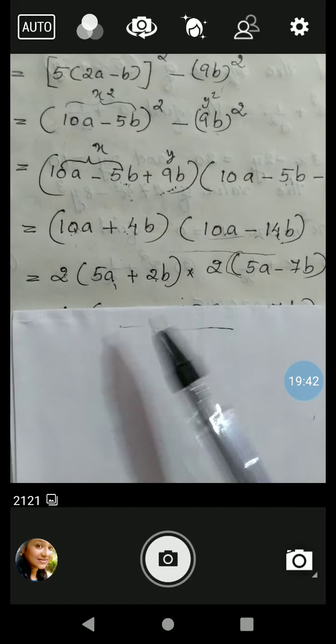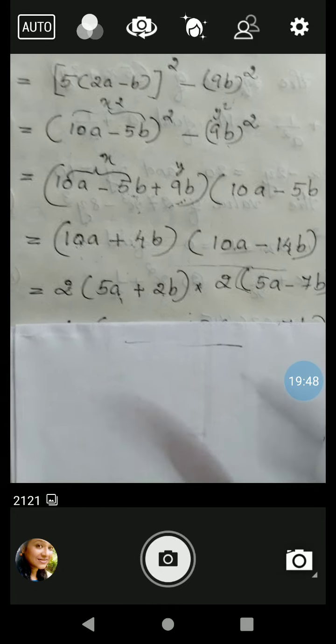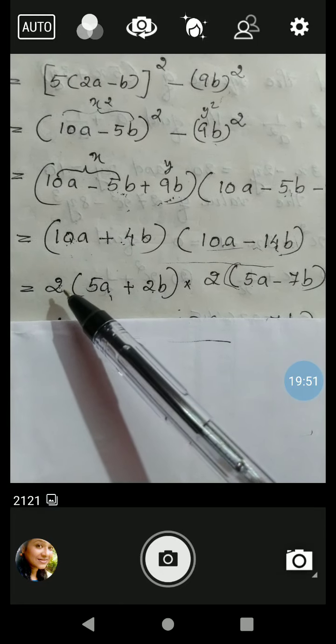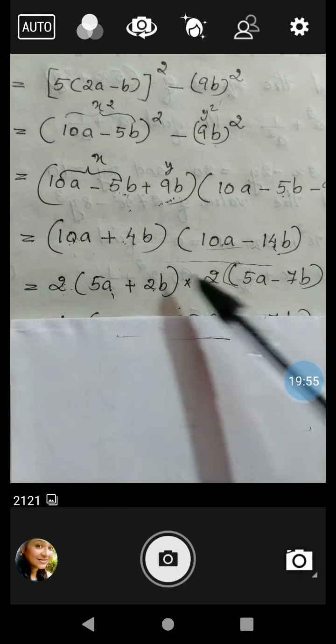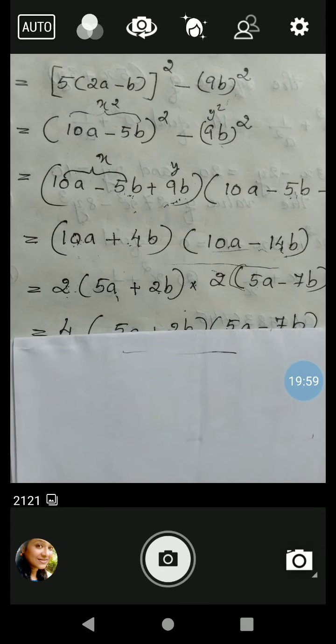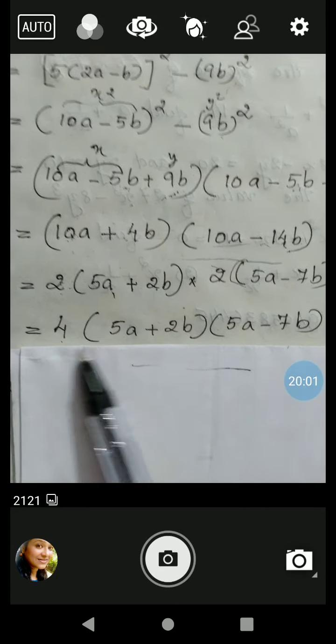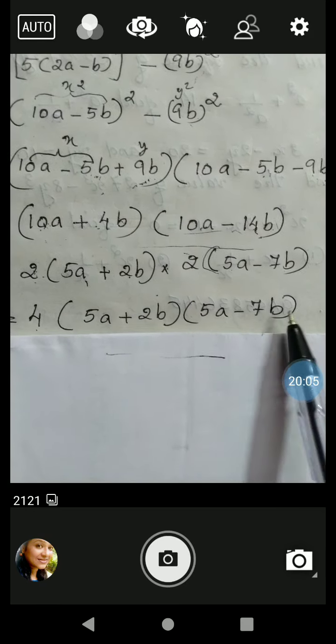Therefore, now we can write it in a very good manner. Look, we can multiply this 2 and 2 together. 2 into 2 is 4. Then 4 into (5a plus 2b) into (5a minus 7b).